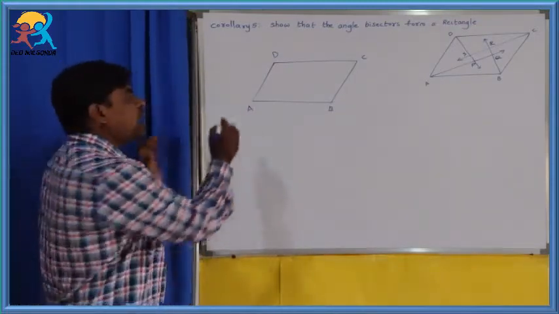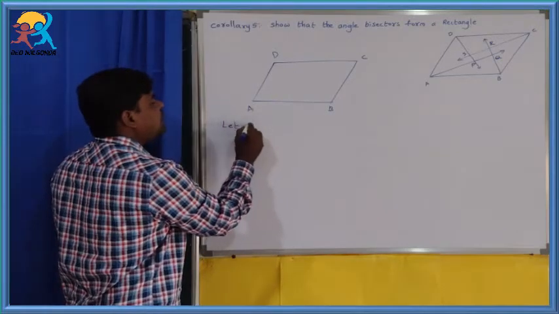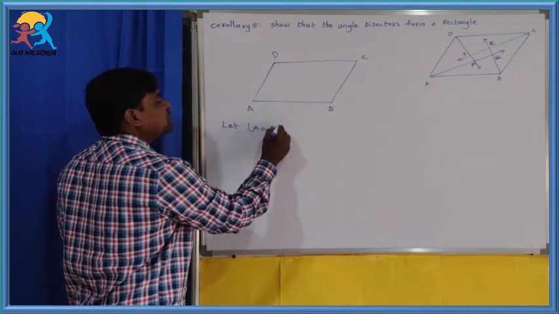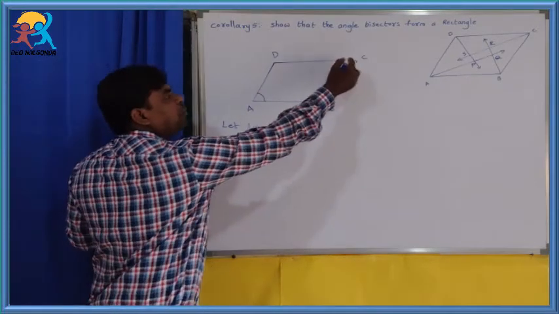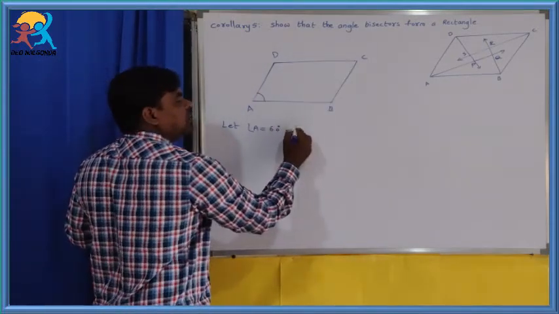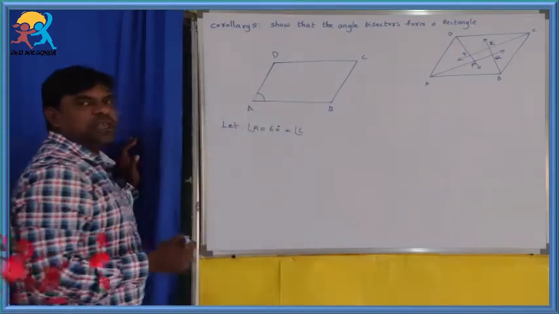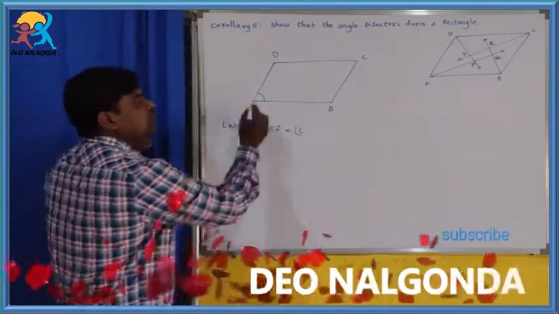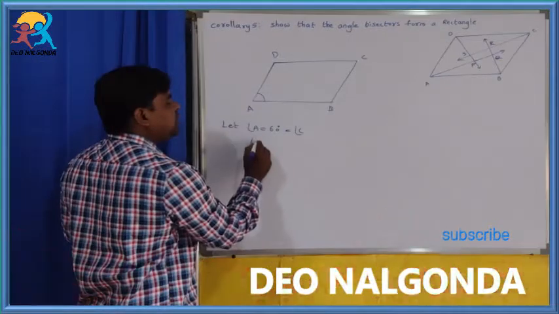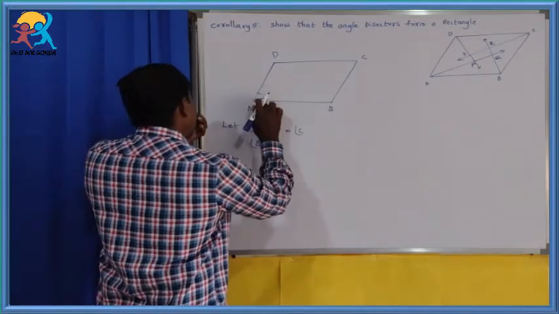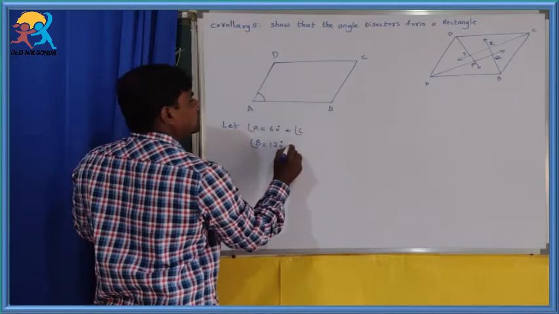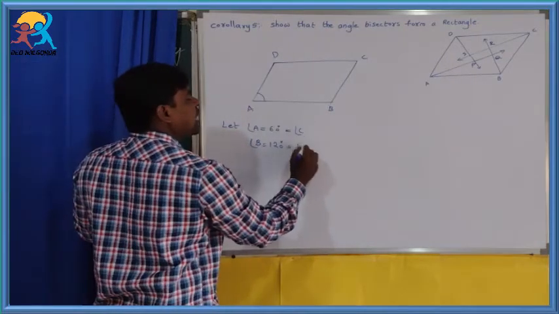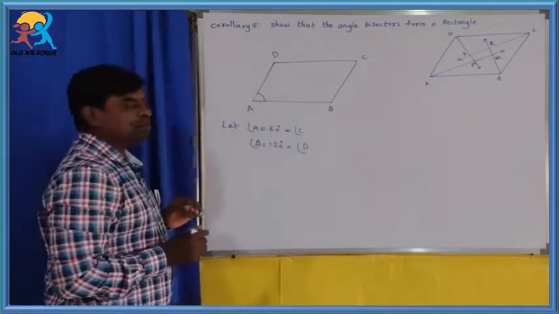So, from that I would like to take angle A is equal to 60 degrees. Then its opposite angle is also 60 degrees, because in the parallelogram opposite angles are equal and the sum of adjacent angles is 180 degrees. That is why angle A is 60, then definitely angle B will be 120 degrees, then its opposite angle is angle D. Both are equal.